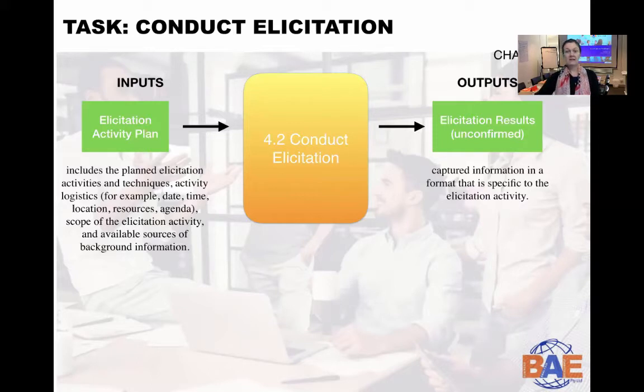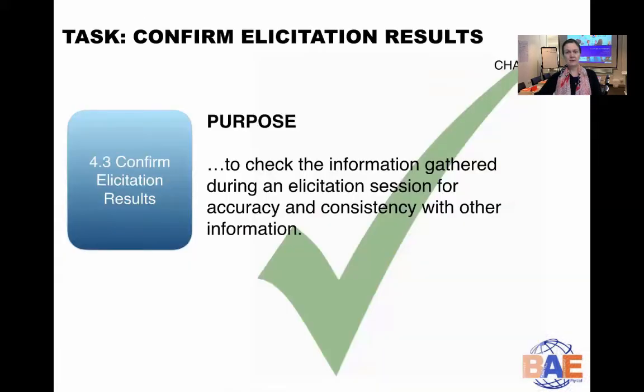All right, so now let's delve into the next one. Confirm elicitation results. So if you remember with this task, this is all about making sure that the information that was gathered during an elicitation session is accurate and consistent with other information.